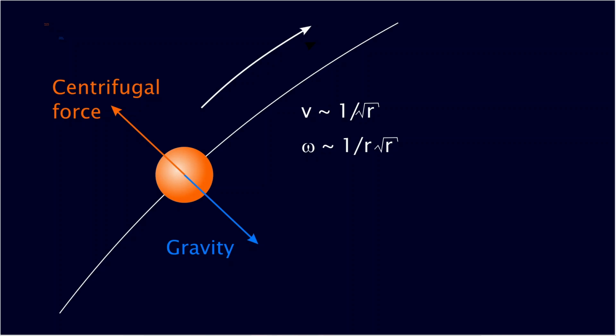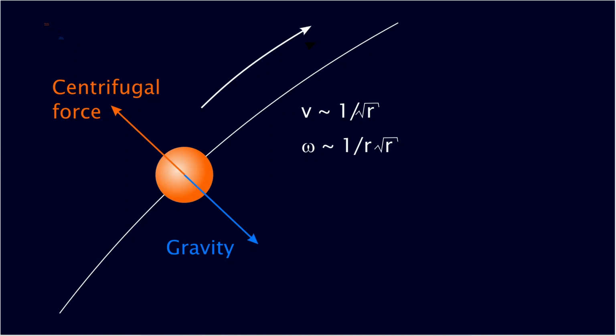Both forces depend on the distance of the satellite to the center of Earth, and both forces become larger when the distance becomes smaller. So when the satellite is close to Earth, gravity and centrifugal force will be large, and when the satellite is further away from Earth, they will be smaller.